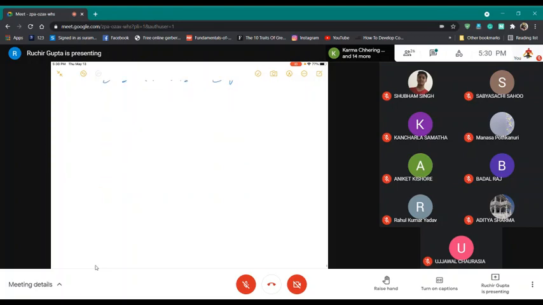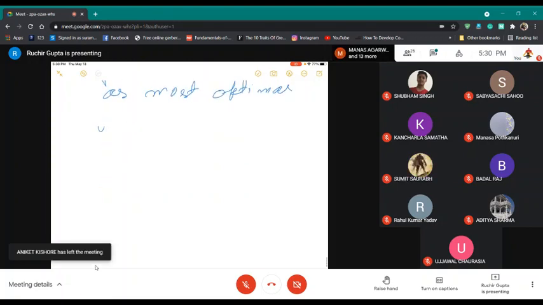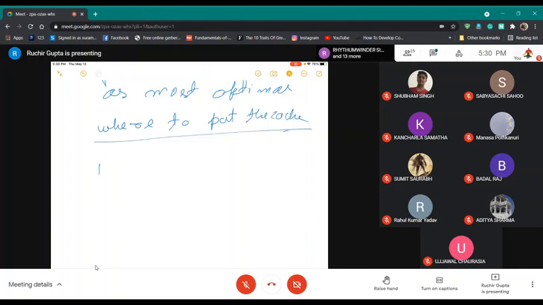Now, where to put this cache? One possibility is you put it on the processor. Putting it on the processor gives you a certain advantage: you don't have to make a chip to chip transfer, and chip to chip transfer takes time.